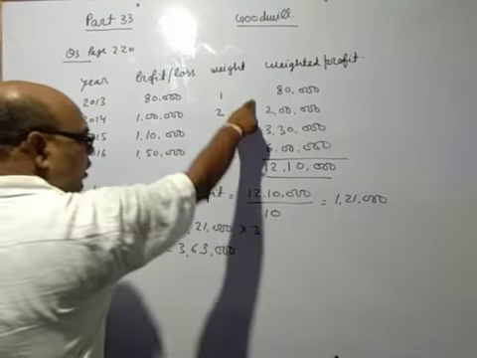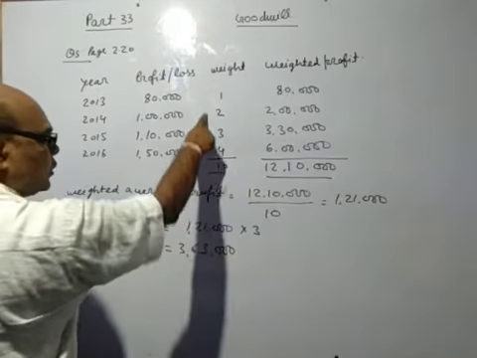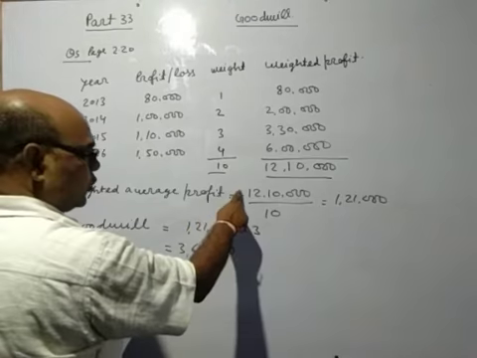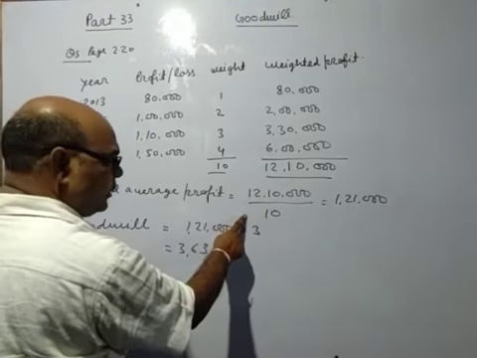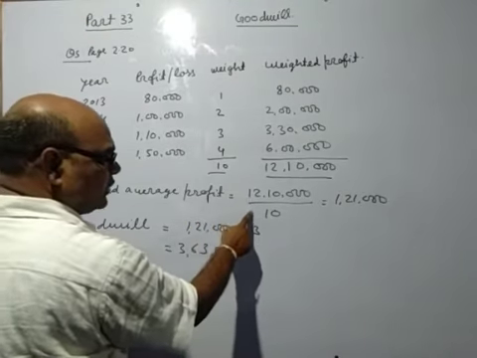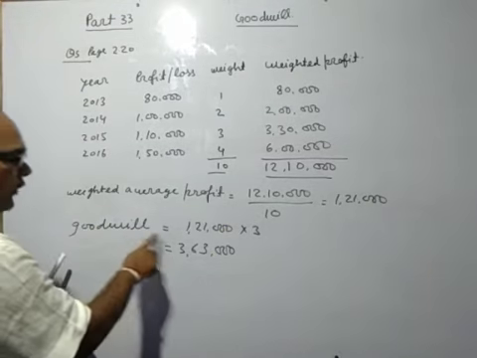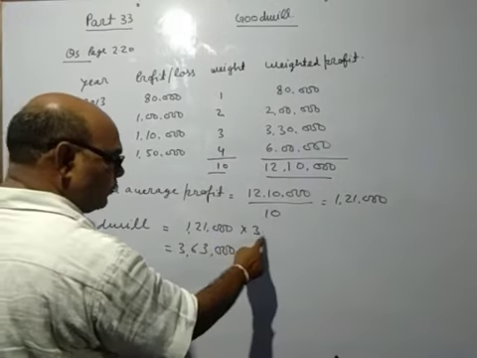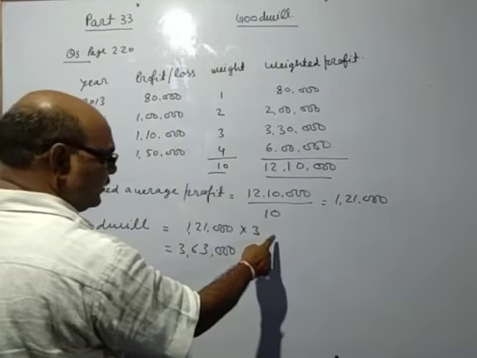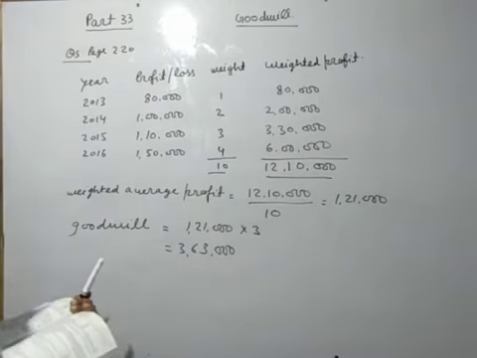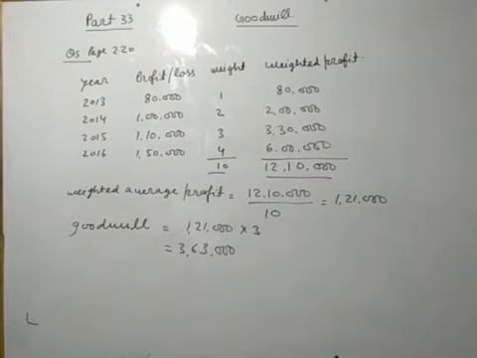You will make the total of weighted profit and the total of weight. Now weighted average profit equals total weighted profit upon total weight, so 12,10,000 divided by 10 is 1,21,000. Goodwill equals weighted average profit into number of purchase years, which is given as 3. So 1,21,000 into 3 comes to 3,63,000. This is how you will calculate the goodwill.